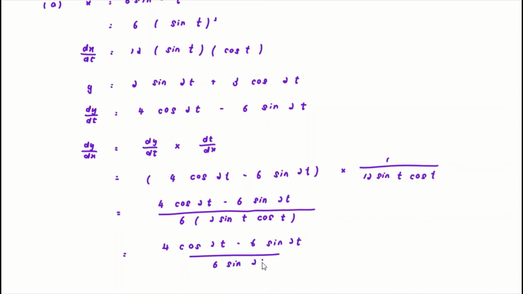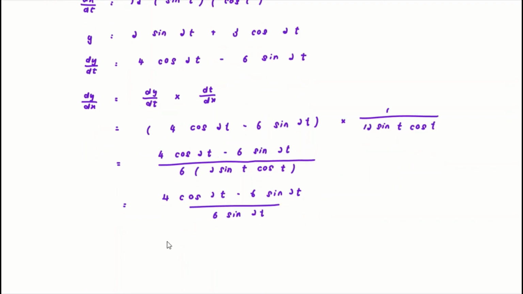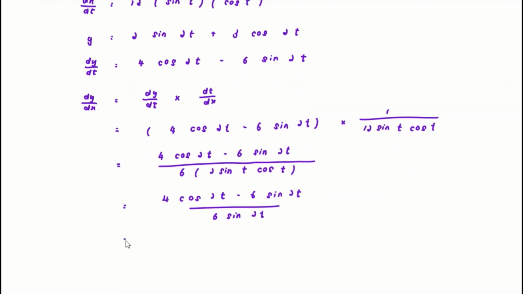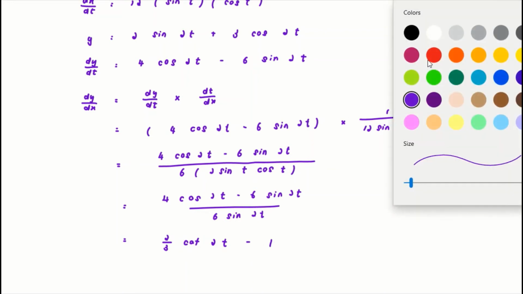By now you should be able to see how to continue. So it equals 4 over 6, so you have 2/3 cos 2t over sin 2t, which gives us cot 2t. Then minus, it's the same thing, so minus 1, and then we get exactly what the question wants us to prove.